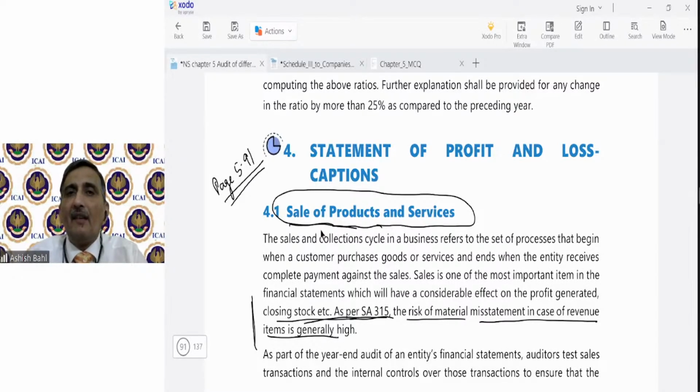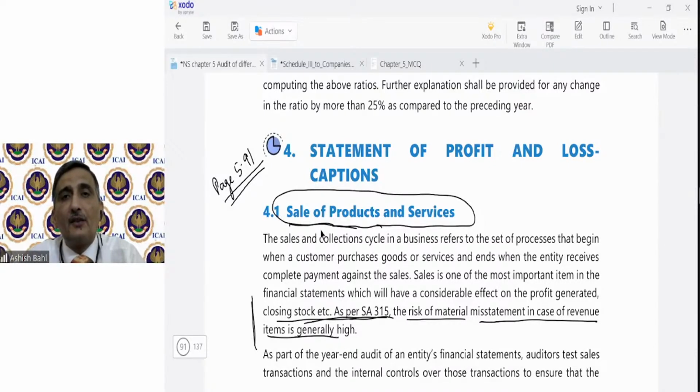So while verifying sales, the auditor would be first of all concerned with whether the transactions which have been recorded as sales, whether these have occurred. Now we are talking about, students, profit and loss items. So assertions relating to transactions items apply. So earlier we were talking about account balances.